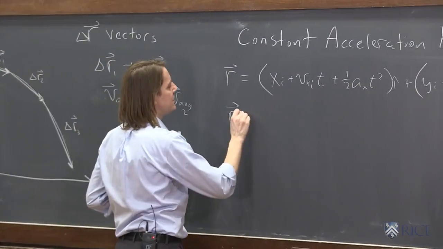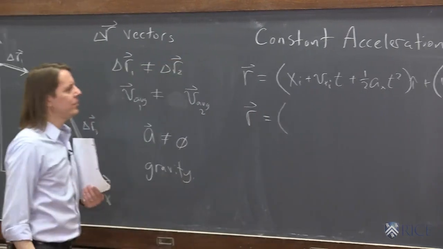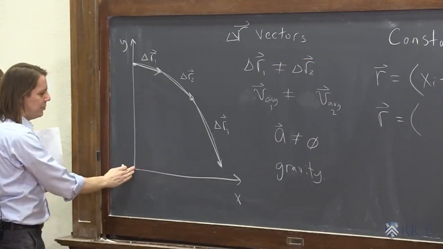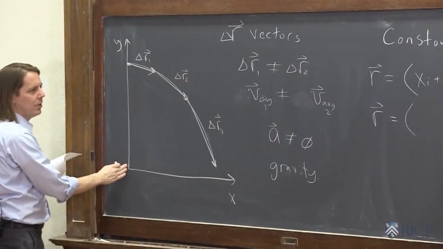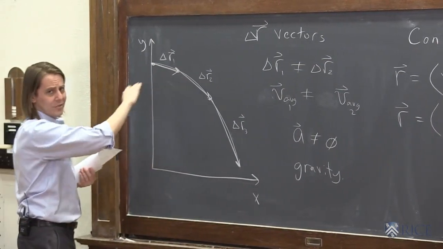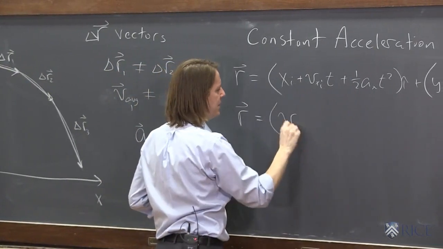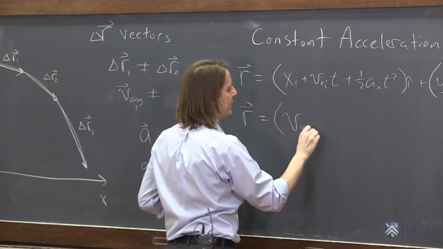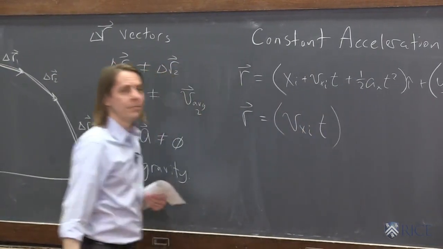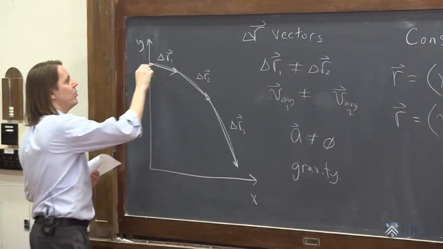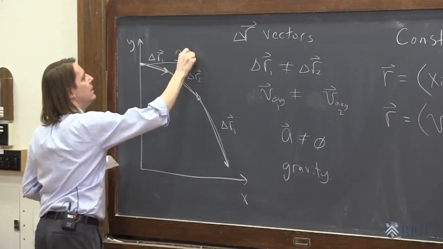So in this case, in x, we don't have an initial x position, right? We start out at x equals 0, and we have no acceleration in the x, because gravity is just in the y. So x really is just that initial vxi velocity, right? We shot the bullet with an initial velocity, vxi.